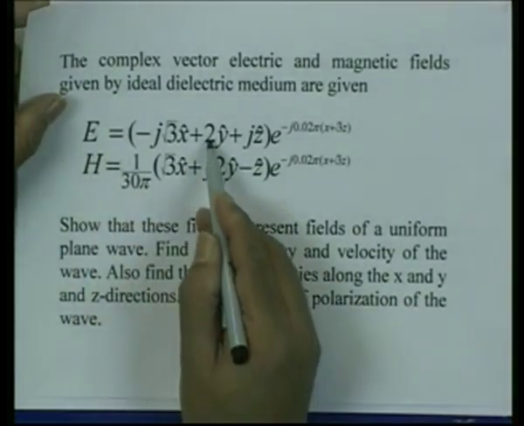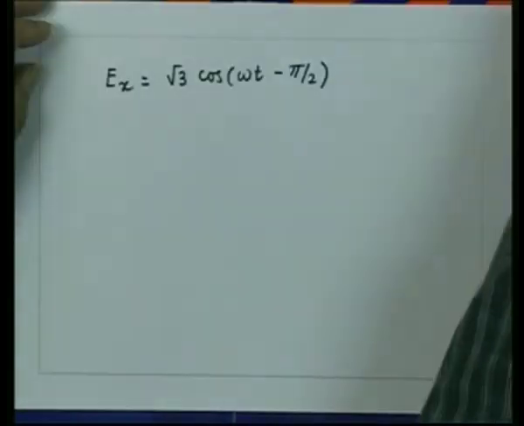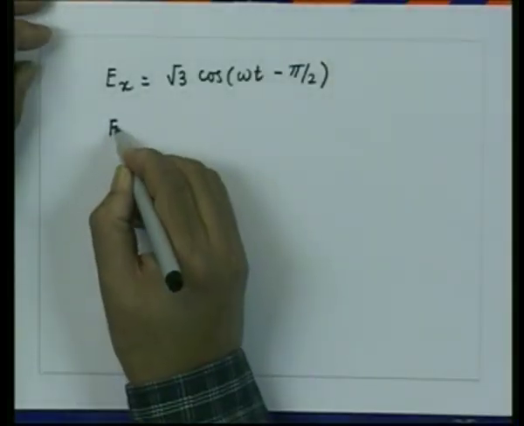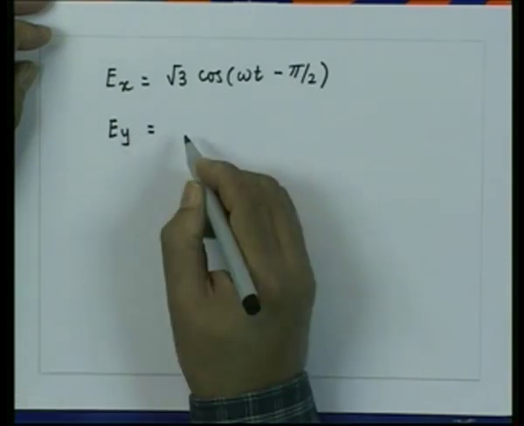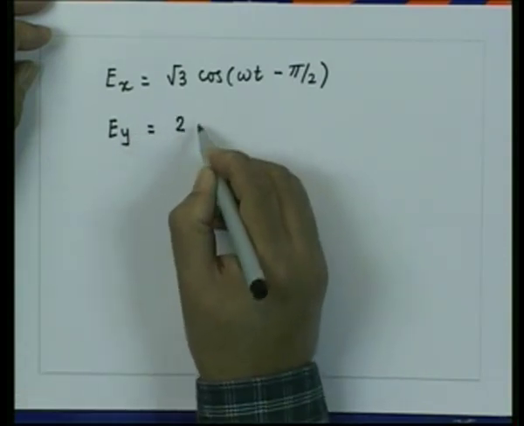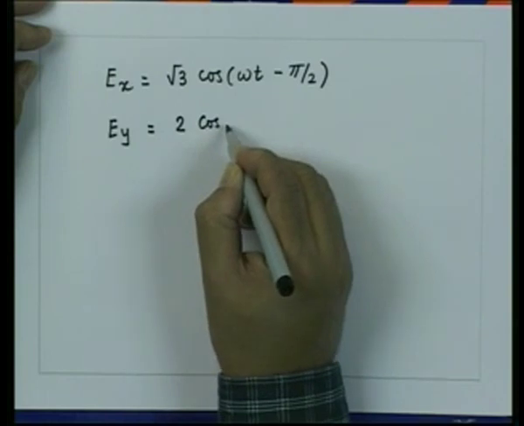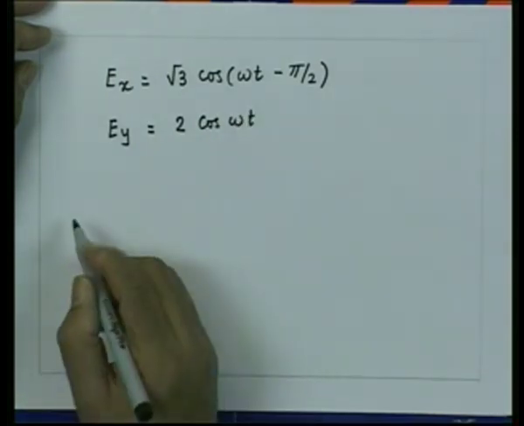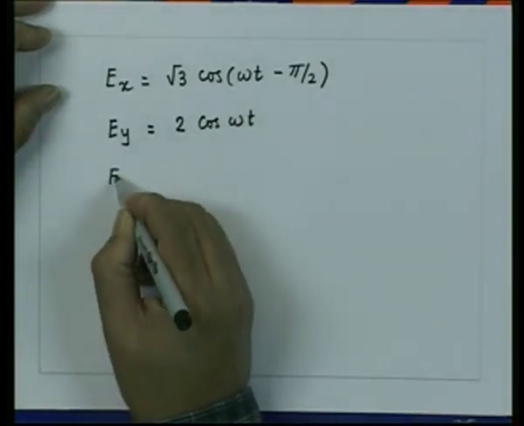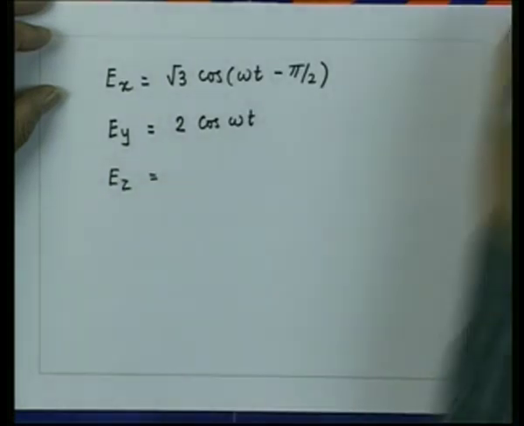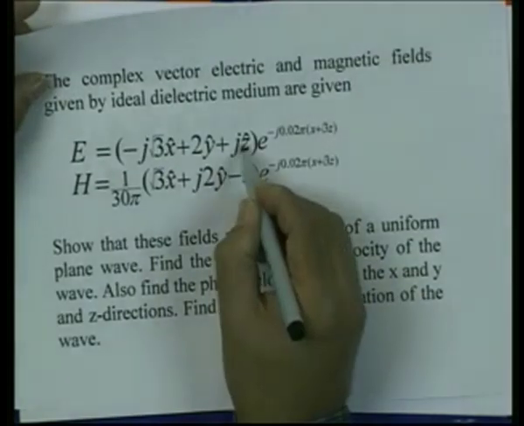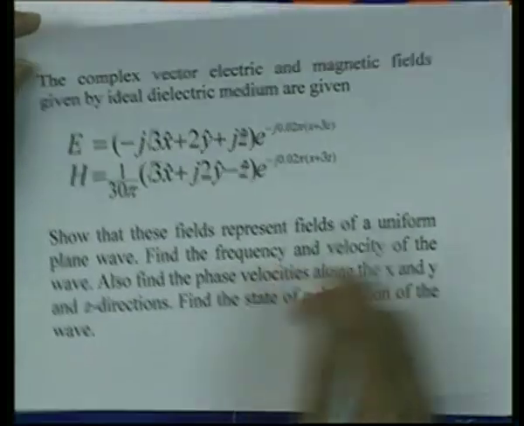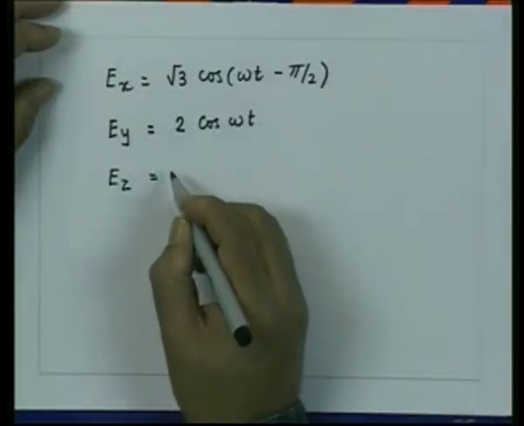The y component has an amplitude 2 and a 0 phase, so E y is equal to 2 cos of omega t. The z component E z is equal to j, so it has magnitude 1 and phase plus pi by 2.